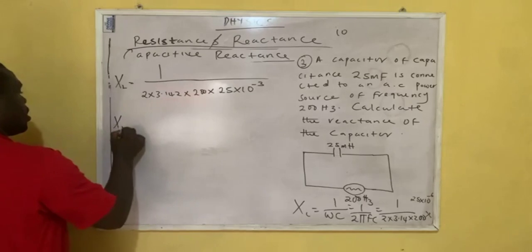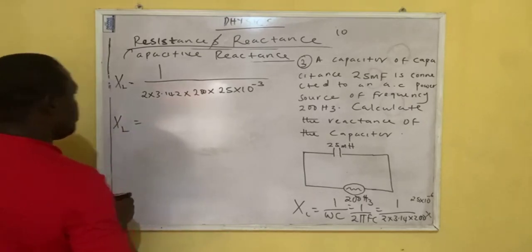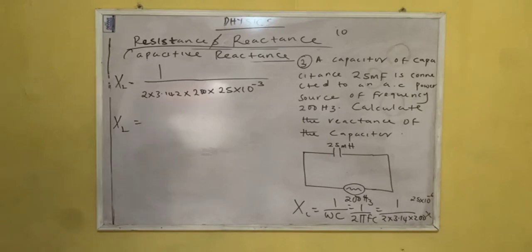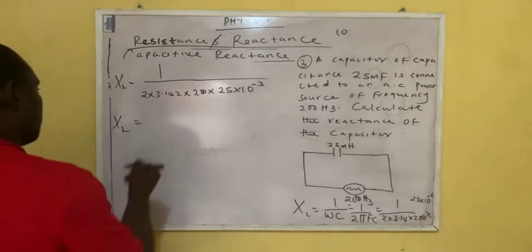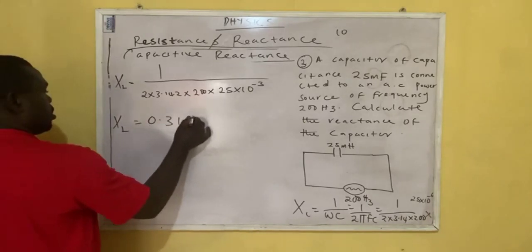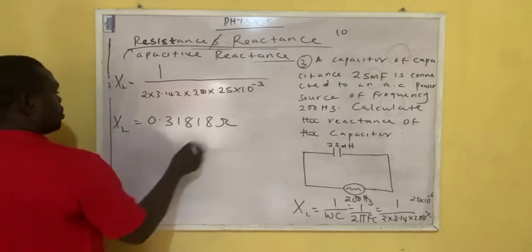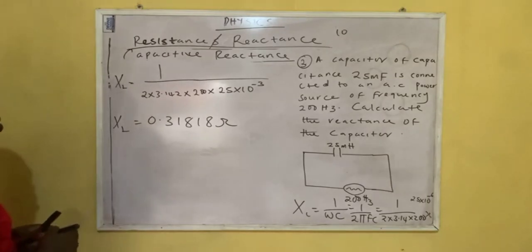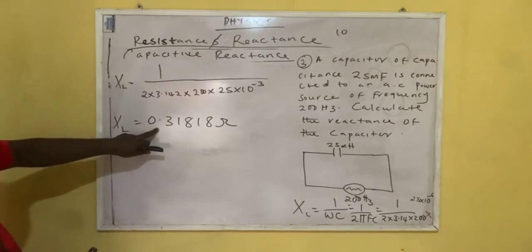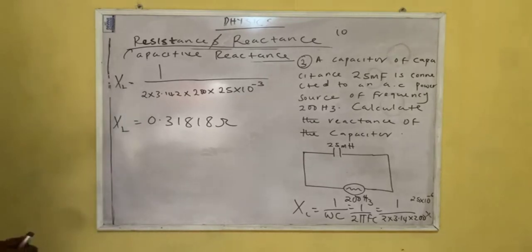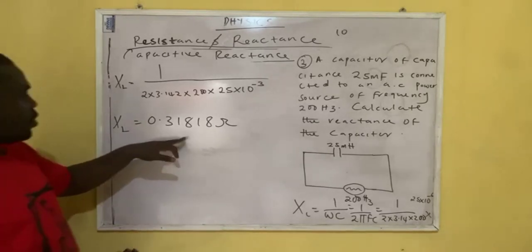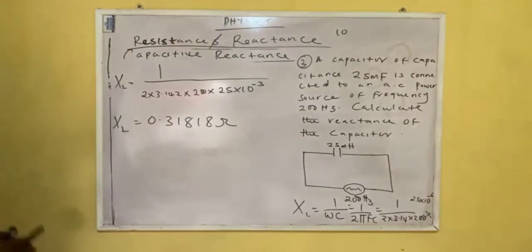If you multiply that correctly, you can do that at your end, you're going to have 0.31818 ohms. If you take it to 3 decimal places, you have 0.318, or 4 decimal places, 0.3182. So that's for that.